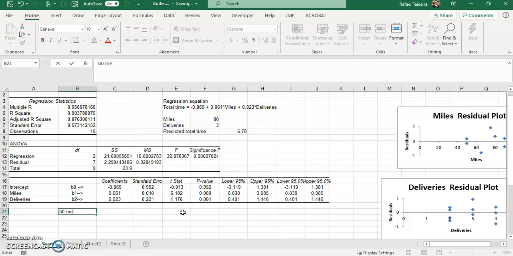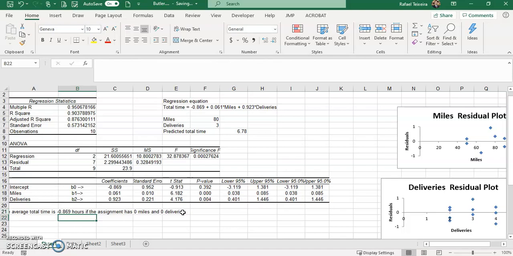B0 means that the average total travel time is negative 0.0869 hours if the assignment has 0 miles and 0 deliveries.